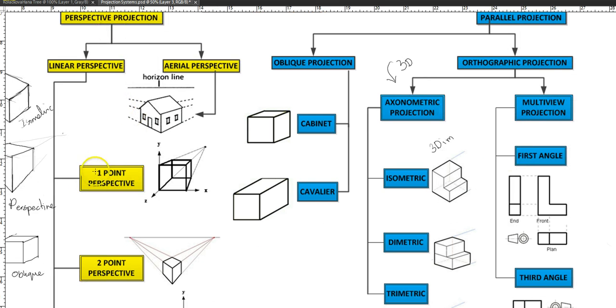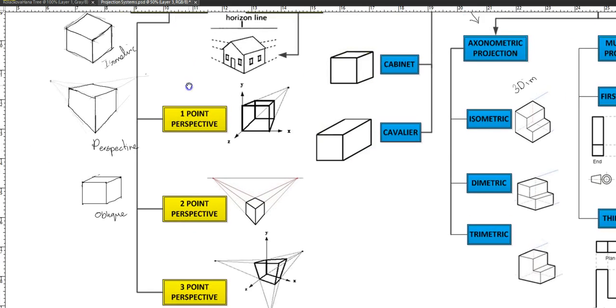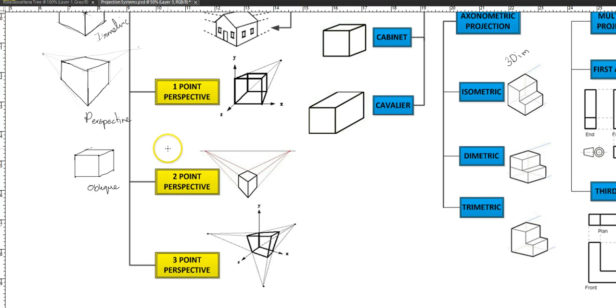So perspective projections are 3 different types. One is called the 1-point perspective, second one is 2-point perspective, and the third one is 3-point perspective. As the name says, when we say 1-point perspective, the object projection lines are vanishing towards one point. When we say 2-point perspective, just like the example that we did over here, the object lines are vanishing towards two vanishing points.